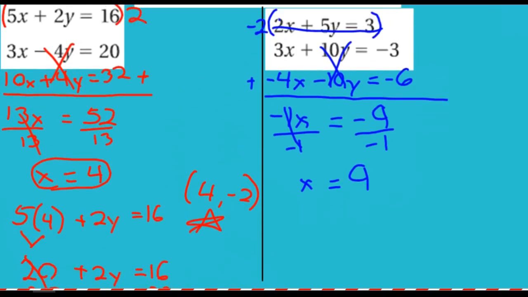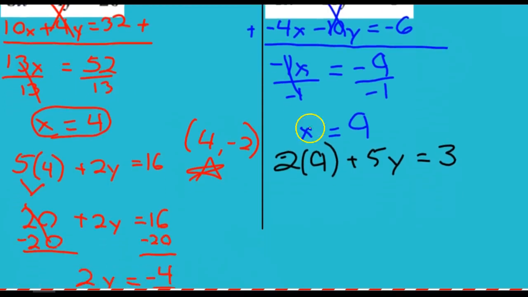Now I'm going to take that 9 and I'm going to plug it in for one of our equations. I'm going to take this top one and go 2 times 9 plus 5y equals 3. 2 times 9 gives me 18, plus 5y equals 3.